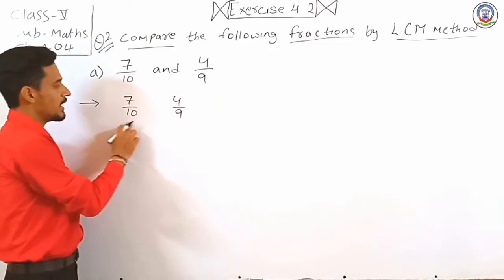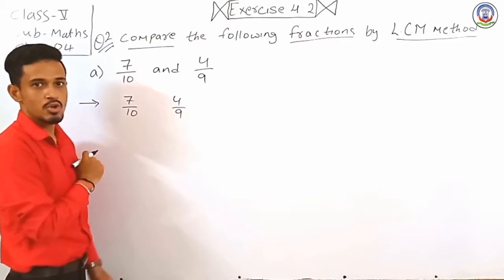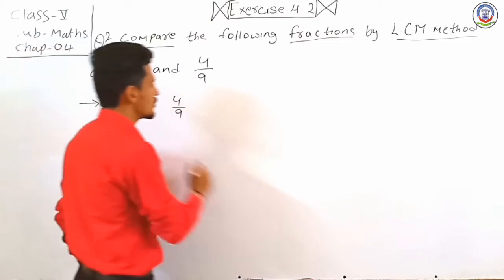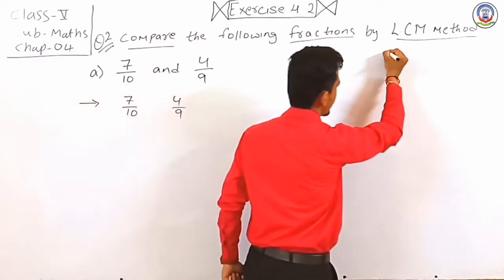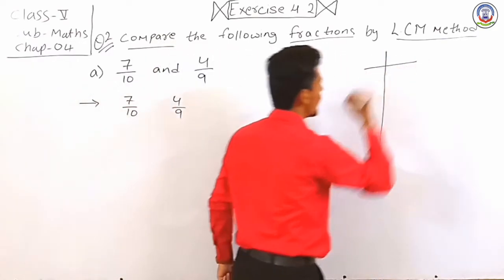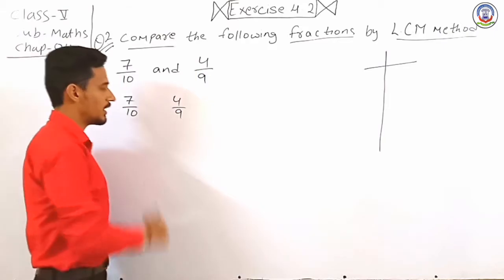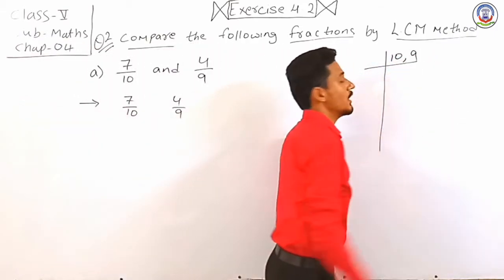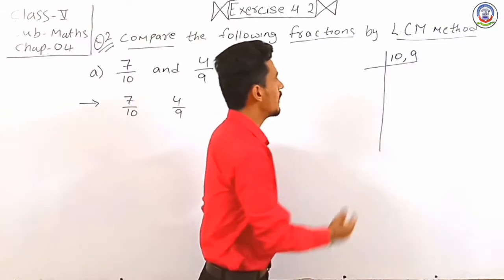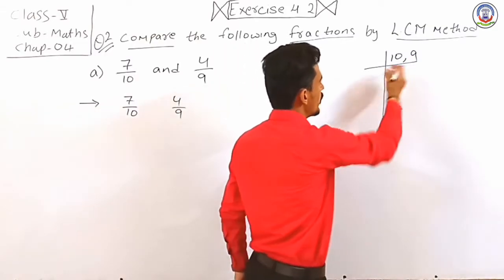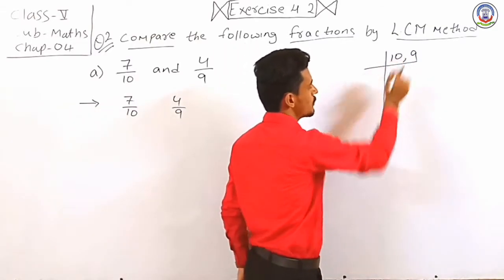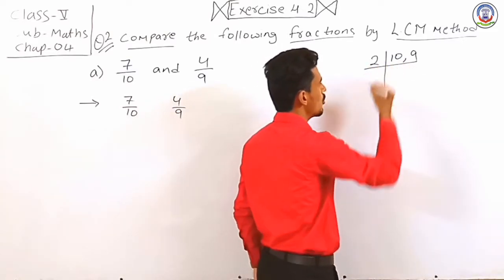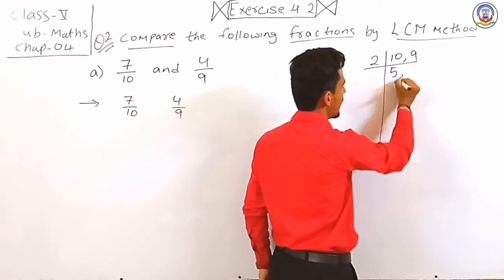In this we have different denominators. We have to take LCM of these denominators. We can do here LCM of these two denominators, that is 10 and 9. Now we have to check the divisibility of these two numbers. It is divisible by 2 and it is divisible by 3. First we write here 2 and it comes 5 times.